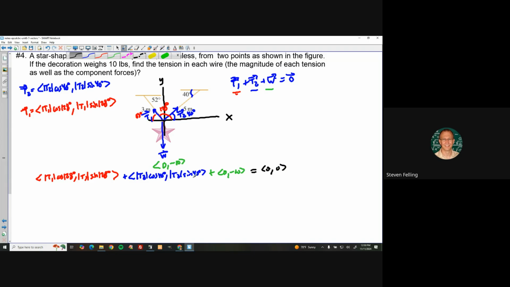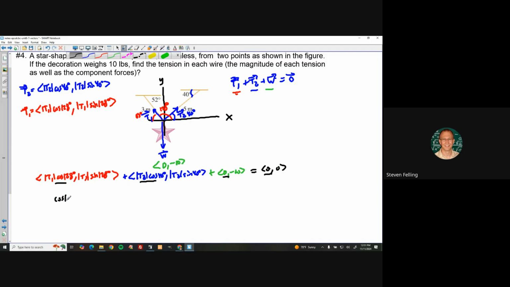Okay, so this is called a vector equation. And we have some unknowns here. There's actually two unknowns: the magnitude of tension 1 and the magnitude of tension 2. But luckily, because we have x and y components, we can split this into a system. So what I'm going to do first is take all the x components, because they have to be equal. These are at right angles to each other. They don't affect each other. So taking the x components, I'm going to write this slightly differently.